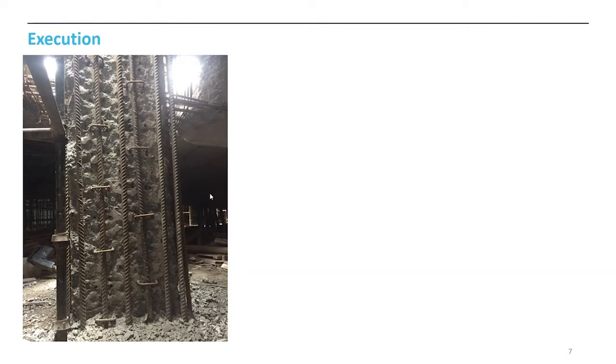In this column, additional rebars were doweled in, and just before pouring the additional concrete they got rid of the slab in the vicinity so that flowability of concrete is maintained and there is no problem in putting additional rebars.